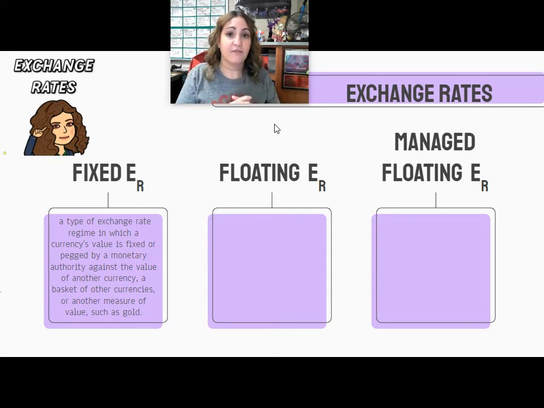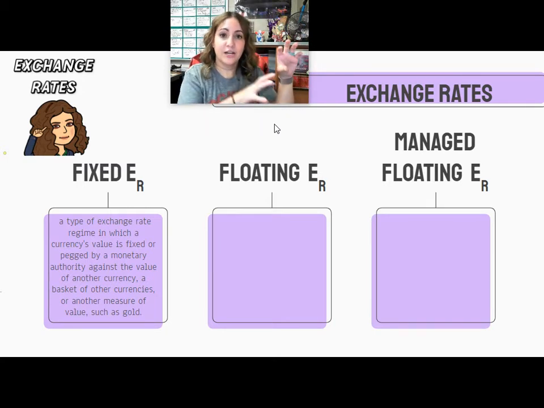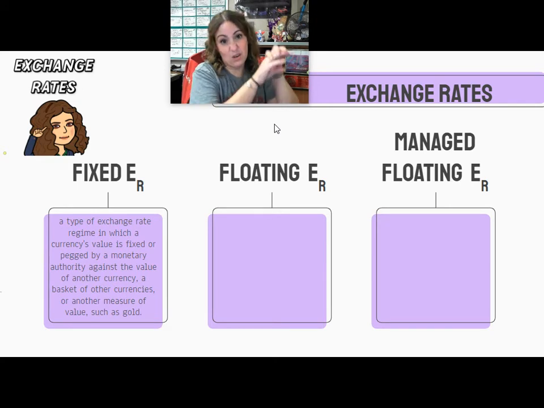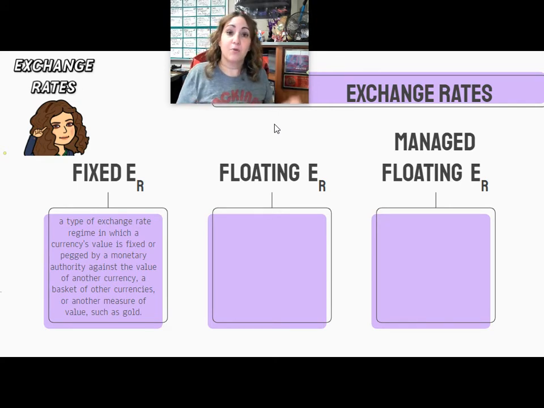So, when we used to have the gold standard, the value of the dollar was dependent on the supply and demand of gold. So if the value of gold changed, it would change the value of the US dollar. We don't have a gold standard or a silver standard anymore, but when we did, the value of our currency would change, but only because the value of the thing it was pegged against changed, which created a problem when we had like the gold rush.